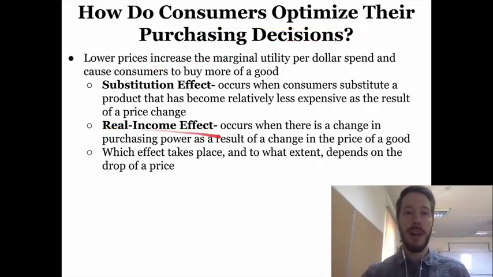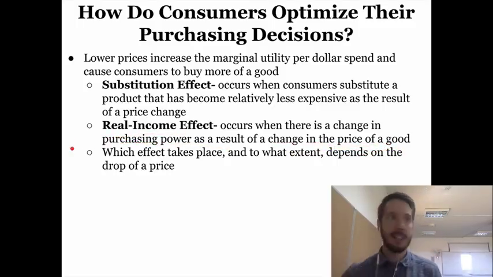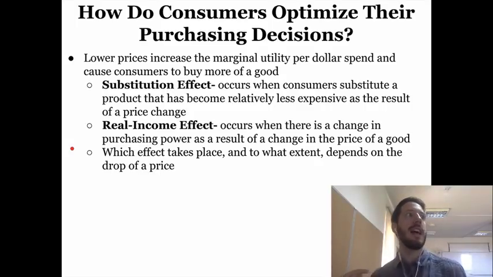One's called a real income effect, where because the price of a good has dropped, you get more purchasing power. If everything that has wheat in it drops in price, now you have more purchasing power because everything that uses wheat is suddenly cheaper. You can get more satisfaction from buying those goods.